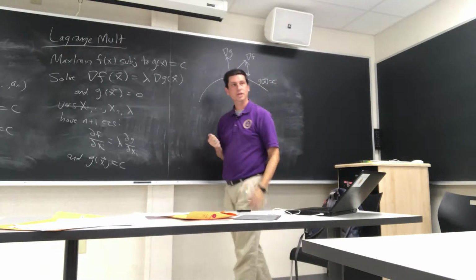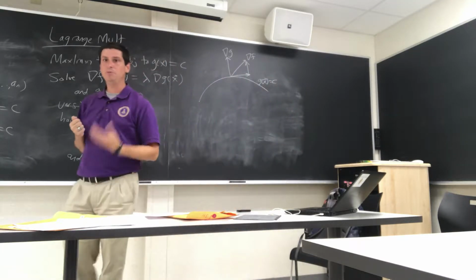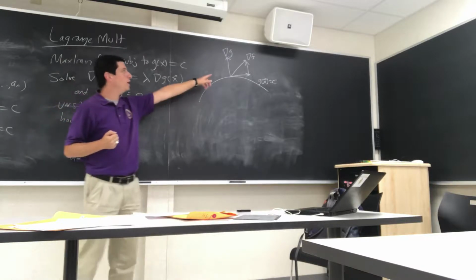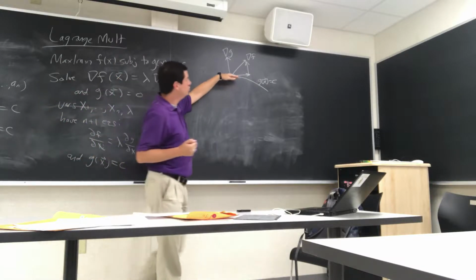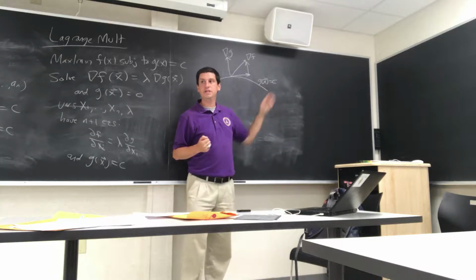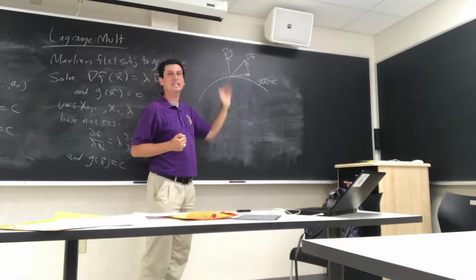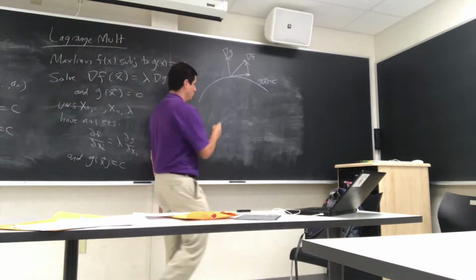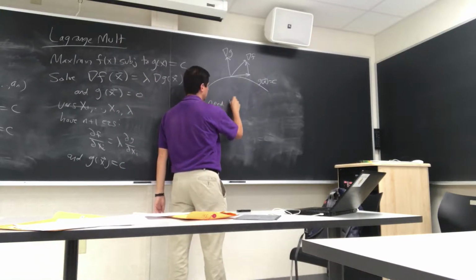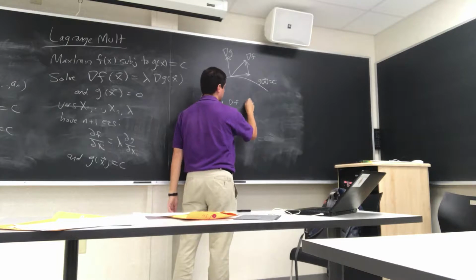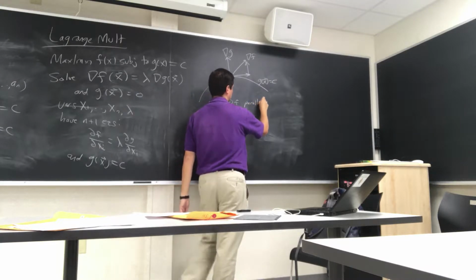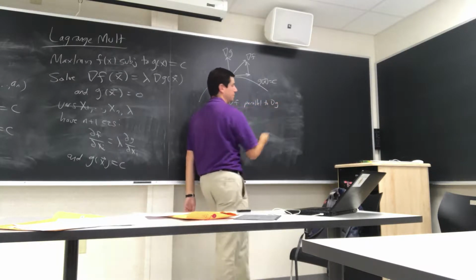So what this tells you is that if you have a maximum or minimum on the surface, the only way it can happen is if there is no component of the gradient of f tangent to the surface. Or in other words, the gradient of f must be completely aligned with gradient of g. So you need grad f to be parallel to the gradient of g.